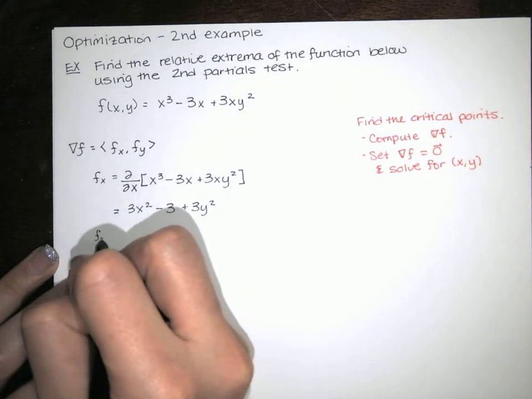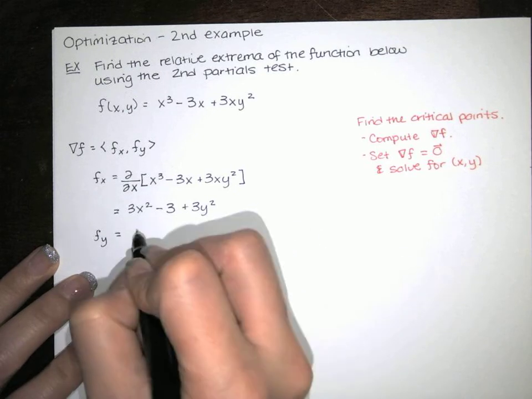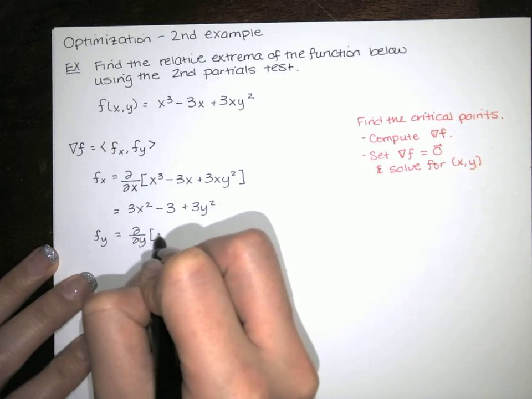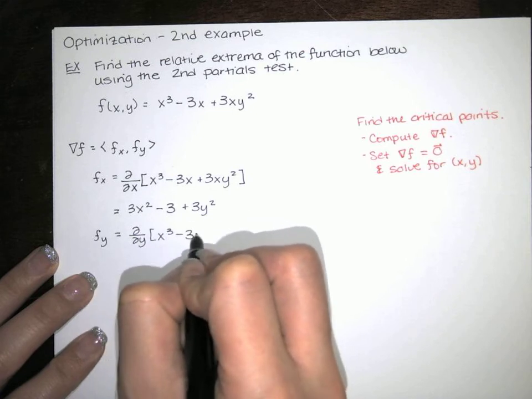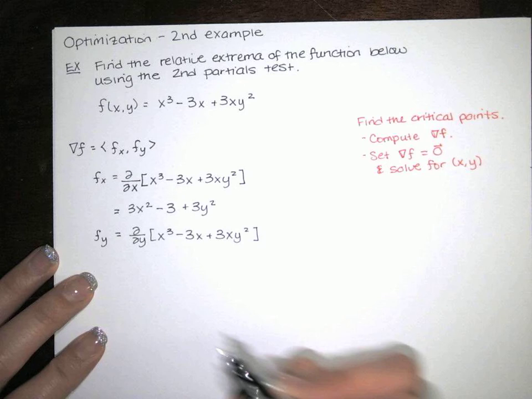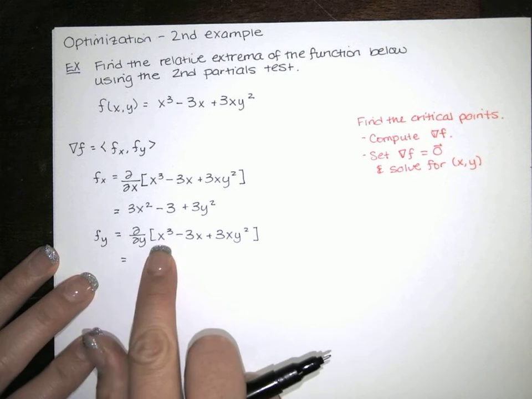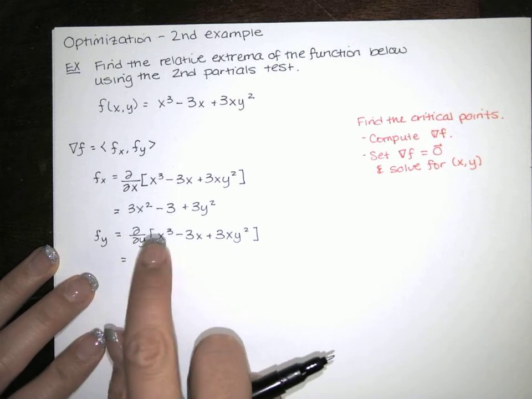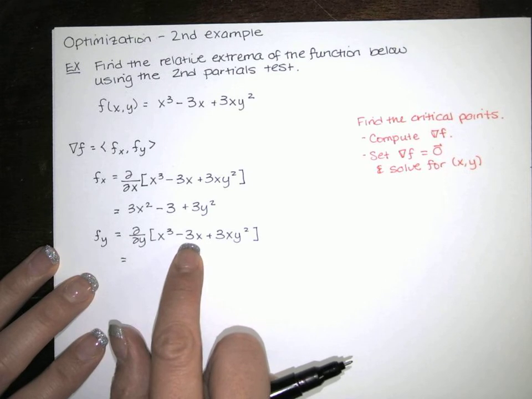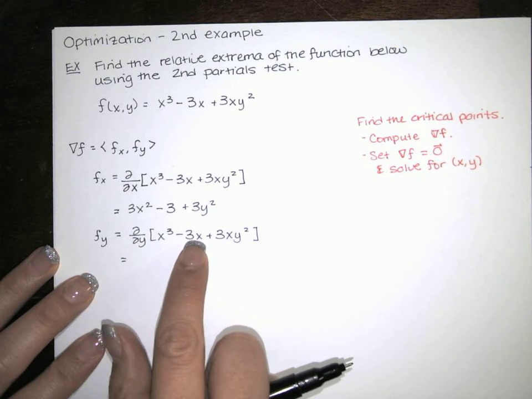And the partial of f with respect to y is this, just by definition. This time we're treating x as the constant and differentiating with respect to y. That's just constant. There are no y's in it, so the derivative of a constant is 0. That's just a constant with respect to y, so the derivative of that constant is 0.